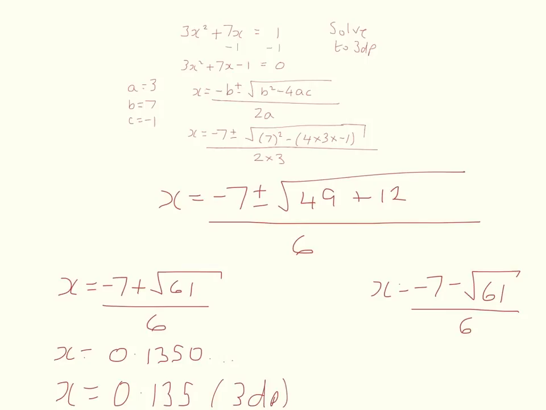Please check that when you do this in your calculator you get the same answers as me, because if you don't use it properly in your calculator you might get a different answer.